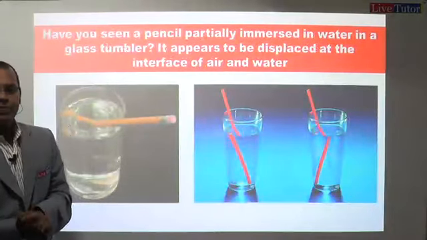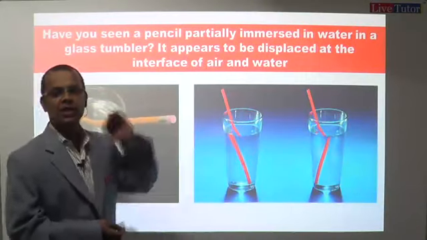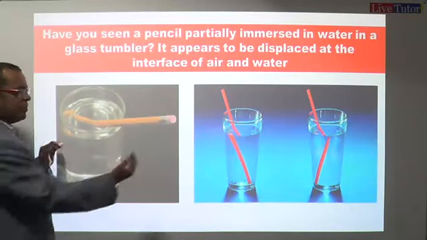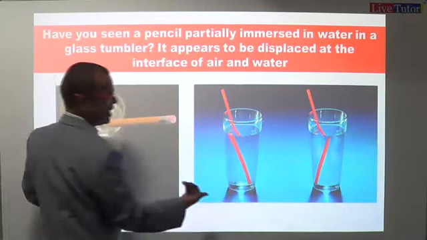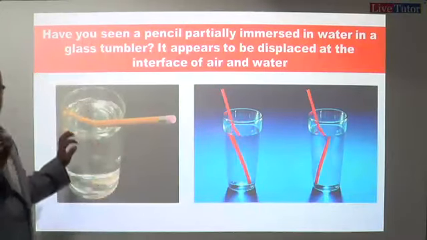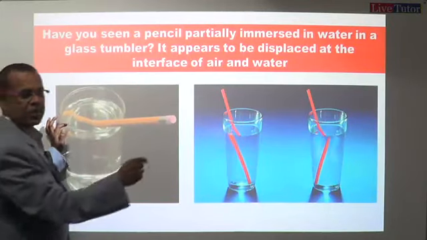And similarly, if you see a pencil which is partially immersed in a glass full of water, right? When you see it from the side, you can see both the diagrams here. The pencil may appear to be somewhat displaced at the interface of air and water.